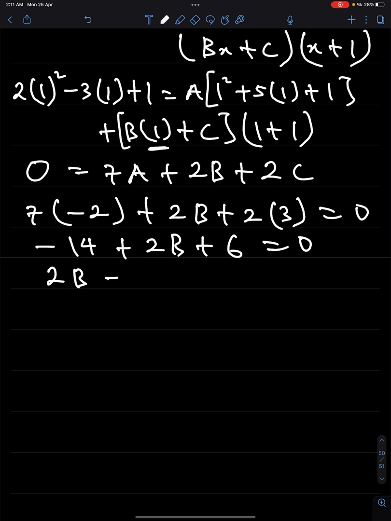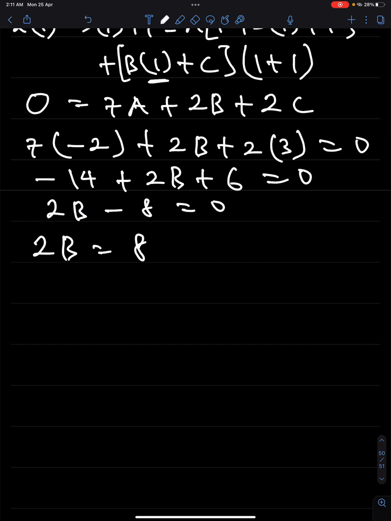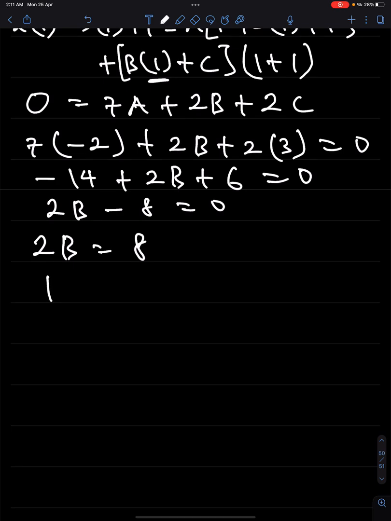Yeah, that means 2b minus 8 equals 0. And that means 2b equals 8. When you move minus 8 to the right hand side, it becomes 8. Yeah, which simply means b equals, you divide both sides by 2 to get b. And that simply means b equals 4.